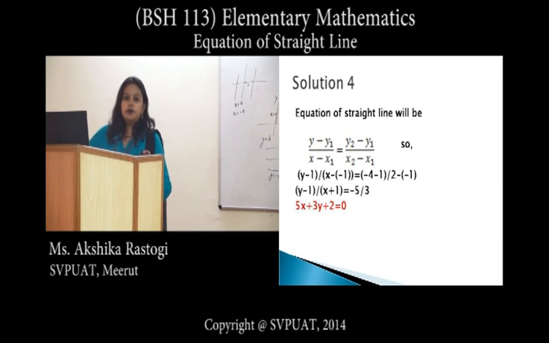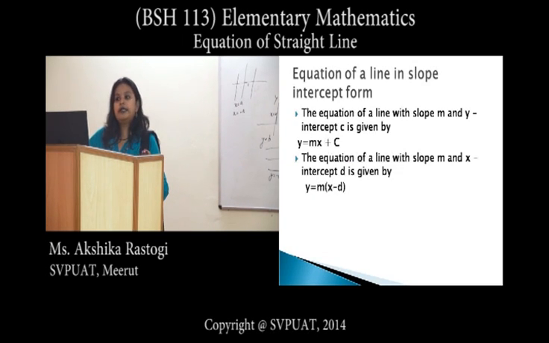Now we move toward when the line has intercepts also. Intercept means the line goes through the x-axis or the y-axis. Our first condition is that we have the equation of the line with slope m given and y-intercept c given. This means the line is intercepting on the y-axis.